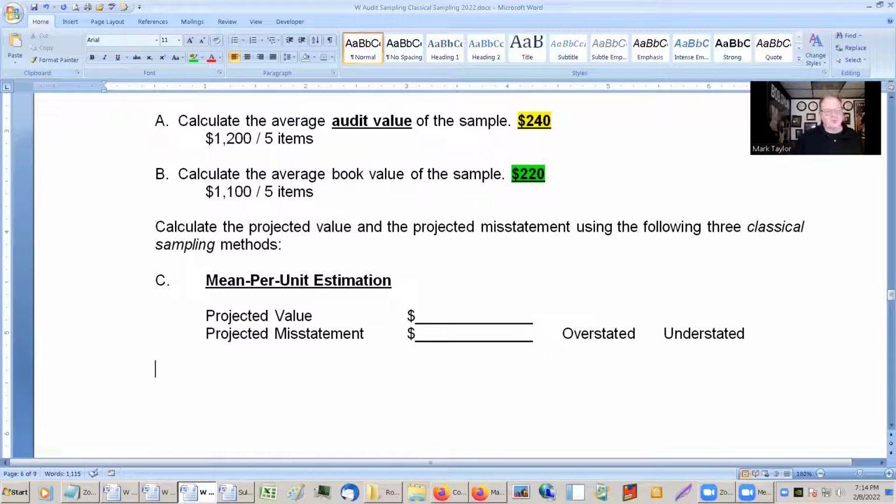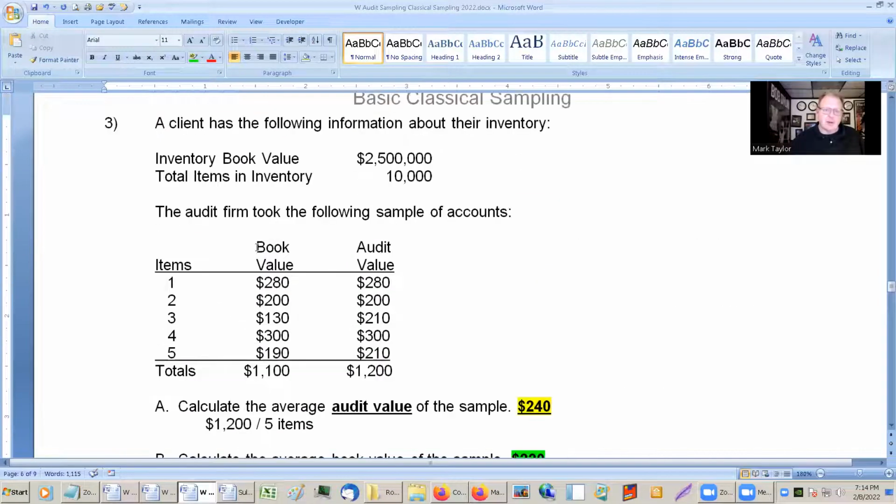Okay. Mean per unit. Mean per unit says, we came up with $240 for each one of these, and we think that every one of the items in your entire population should be the same as ours.